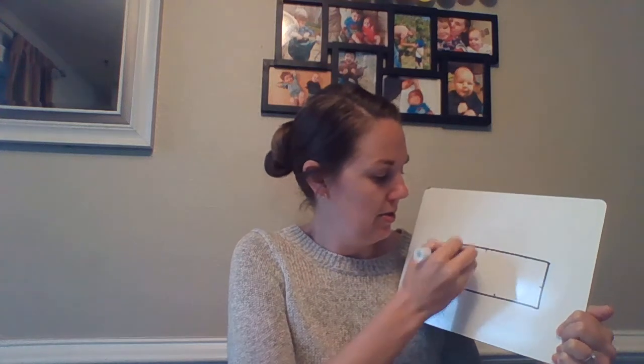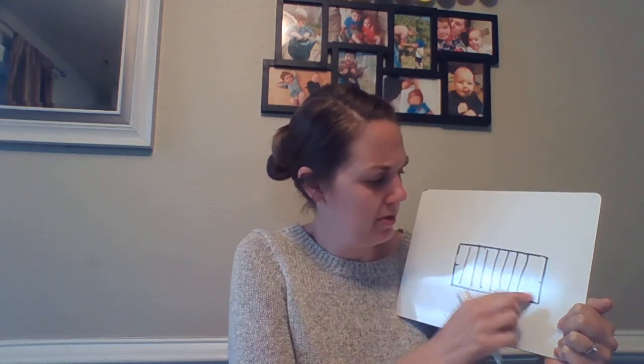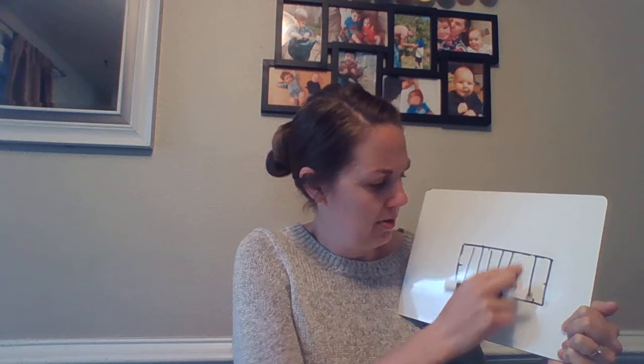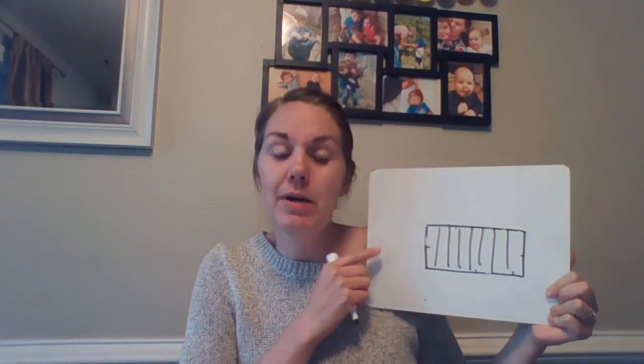You could think of it as 2 rows of 4 squares, or you could think of it as 8 equal pieces shown like this. So how you do it is up to you, but it says divide this rectangle into 8 equal parts.